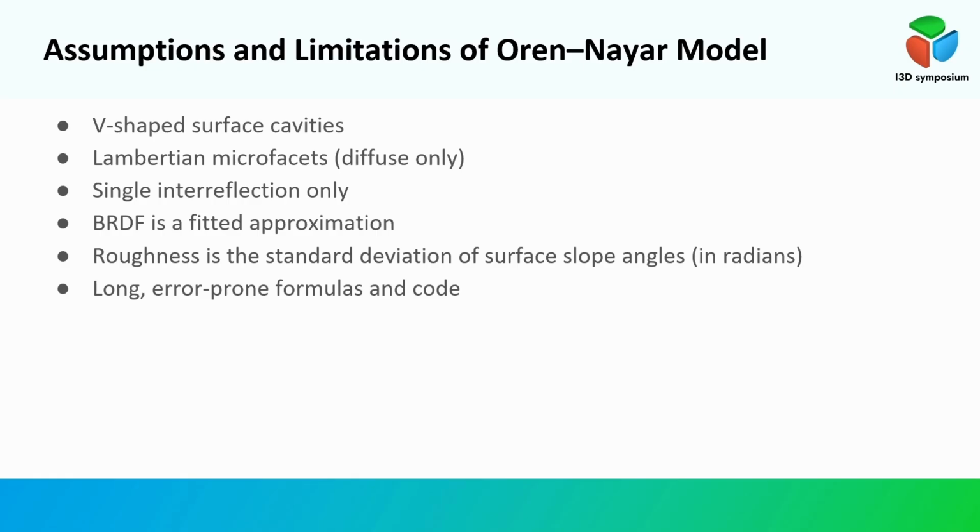However, this model is really great, but it does make a number of assumptions and it has a number of limitations. For example, these Lambertian V-shaped surface cavities have only that single inter-reflection, which doesn't capture all of the energy. And in addition, the BRDF is a fitted approximation. They derived a bunch of complicated integrals and fitted some basis functions to them. Even the parameterization is a little complicated, and it's a lot of code to implement.